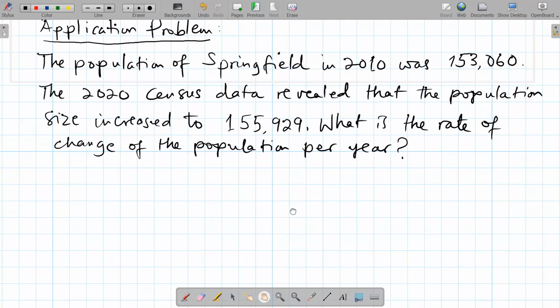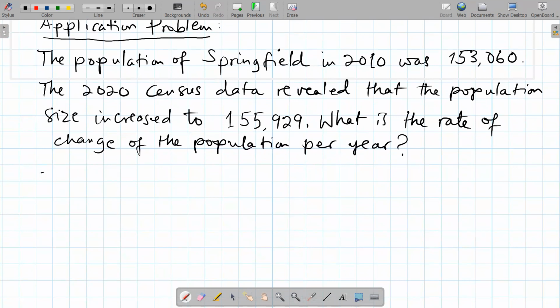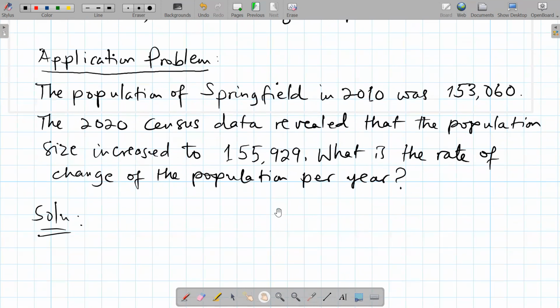And so let's do it this way. So we need to have 2 points. Of course, the points have been given here. The points will be the population data and then the year. Okay, so in 2010 it was 153,060, and then in 2020 it was basically 155,929.